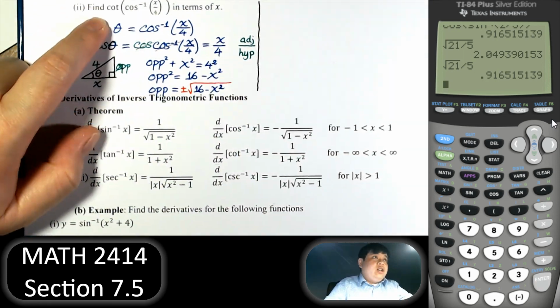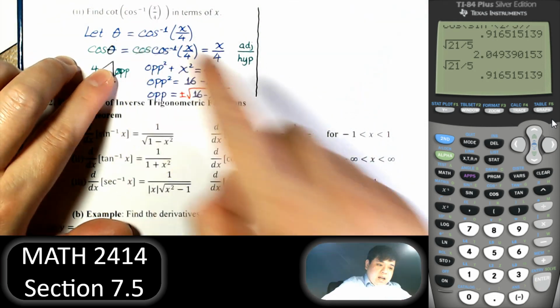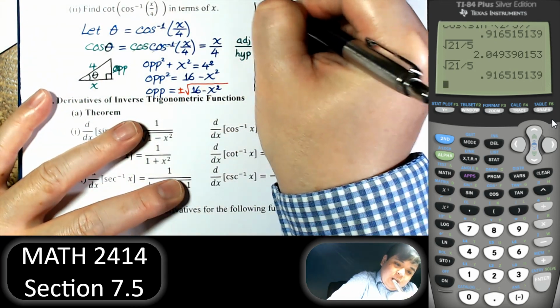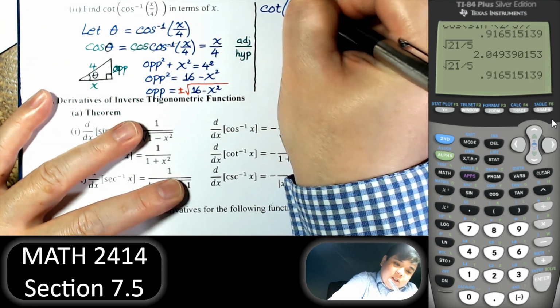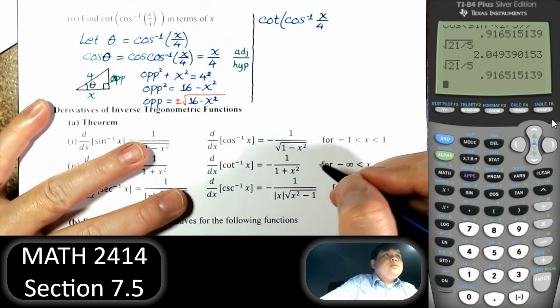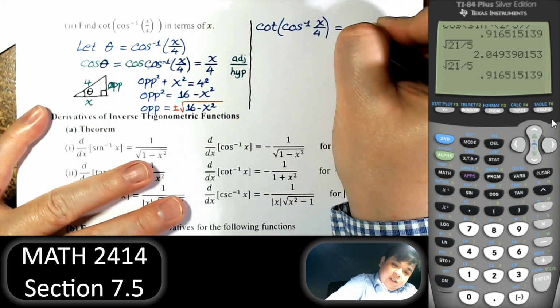Next, we need cotangent of cosine inverse, and the cosine inverse here is theta. So we'll say cotangent of cosine inverse of x over 4. That is theta.